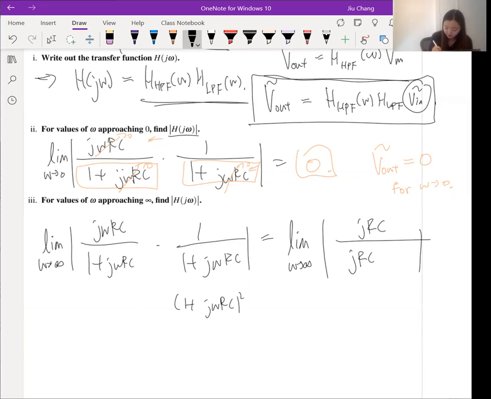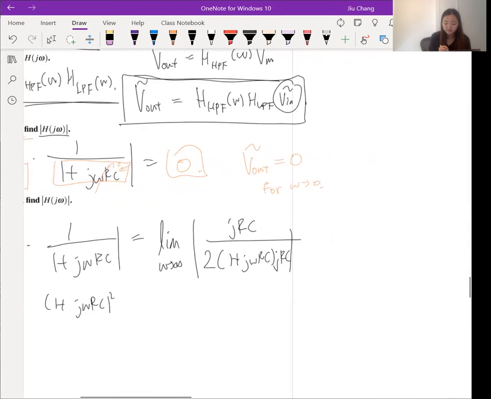gives us 2 times 1 plus j omega RC times, by the chain rule, jRC. Now we notice that when we take omega to infinity, this goes to infinity. But this one is just a constant.